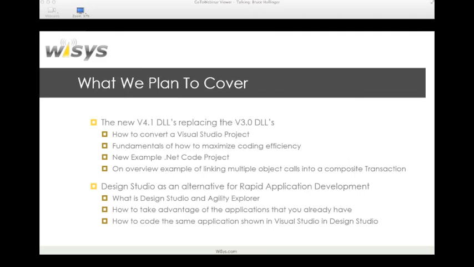So he's going to explain what Design Studio and Agility Explorer are, and how to take advantage of applications that you already have, because even though you have the SDK, we actually install with the SDK for everybody Design Studio and the Explorer with a single seat license to the Explorer. So everybody can launch the Explorer, but you have to have a special license to access Design Studio. And then how to code some applications in Visual Studio.